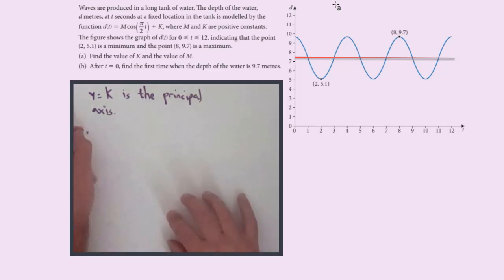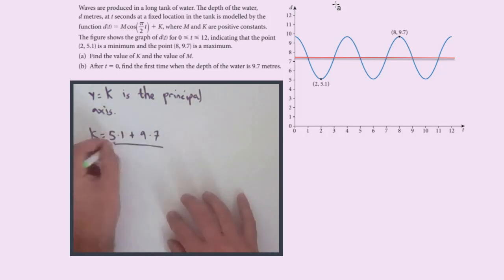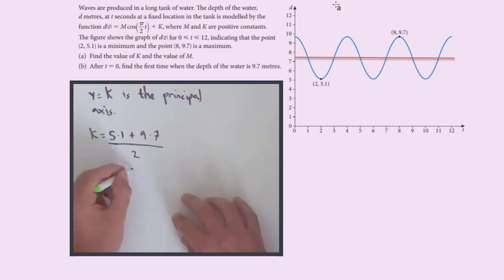So k is going to be the average of those two y coordinates. So it's 5.1 plus 9.7 over 2, halfway between. Well, 5 plus 9 is 14, 0.1 plus 0.7 is 0.8, so 14.8 over 2, which is 14 over 2 plus 0.8 over 2, which must be 7.4. So k equals 7.4.